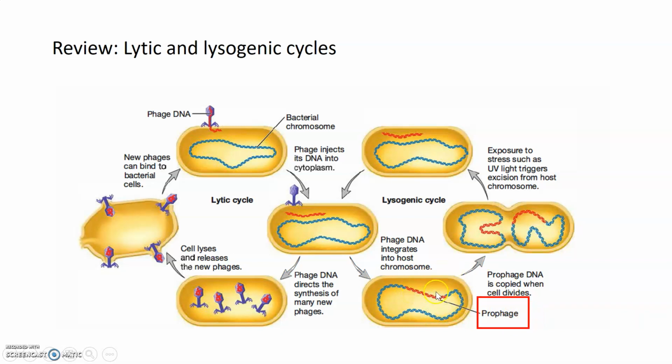And the prophage DNA can last in a bacterial chromosome and be replicated and passed on to any daughter progeny cells. And in this way, viruses can lay dormant within a bacterial host cell for many years until an event induces them or triggers them to cut out that prophage and then enter into the lytic cycle, where that viral DNA can be replicated, packaged into new virions, and then released from the cells.